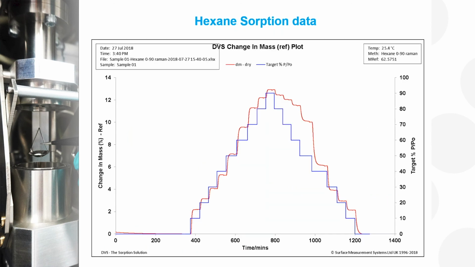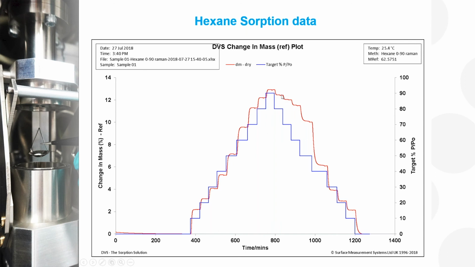Now we're going to move to a single-component organic solvent experiment. Here we have hexane, and as you can see, the mass change is considerably higher compared to water, about 13% mass change. The small hiccups in the mass reading that you see over here are actually the Raman data.